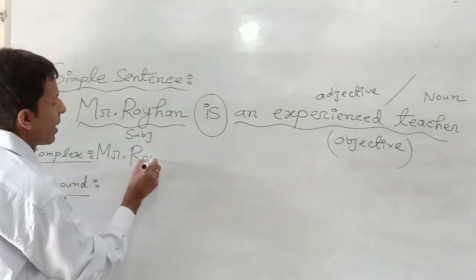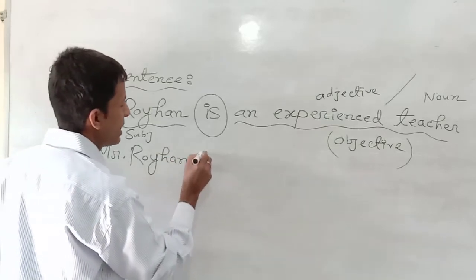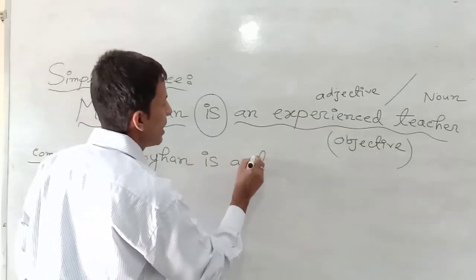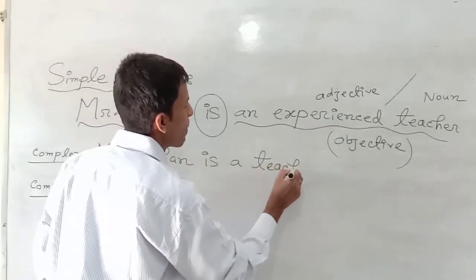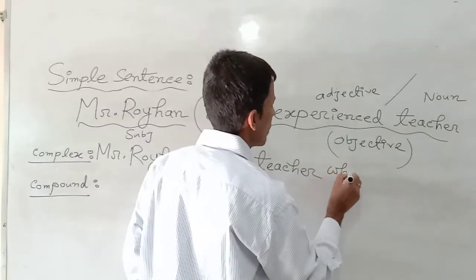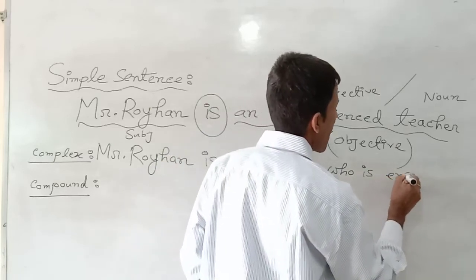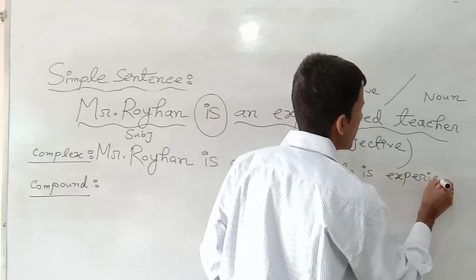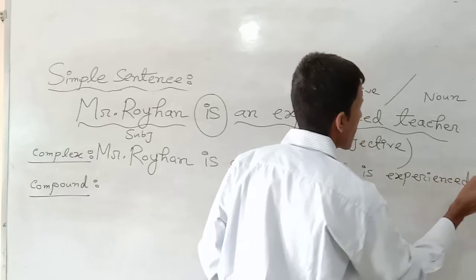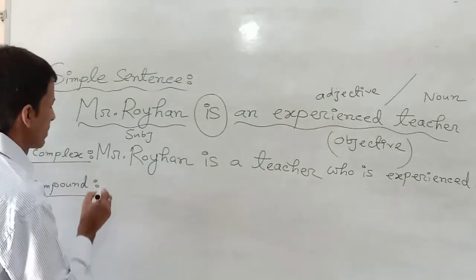Mr. Raihan is a teacher who is experienced. Now, this type of sentence will be transferred into compound sentence by adding or including and.